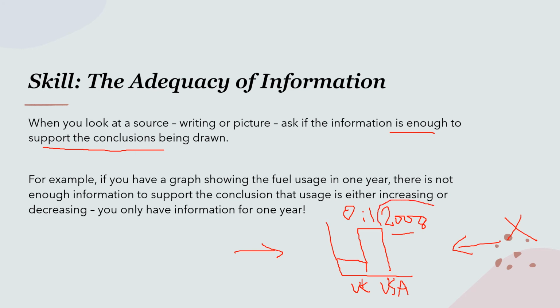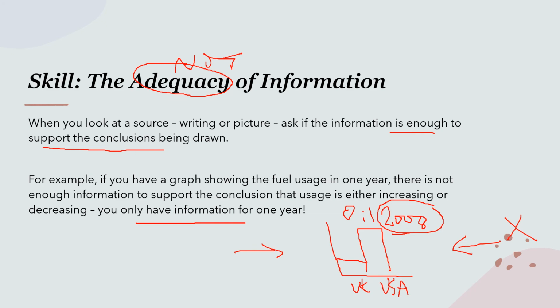Here we only know about 2008. There's no information there about other years. So this is not enough information to support the conclusion that is drawn. The information is not adequate. So is the information adequate or not adequate to support a conclusion?